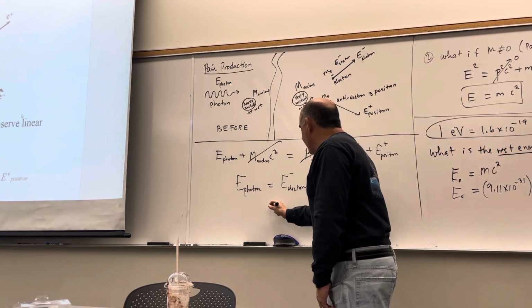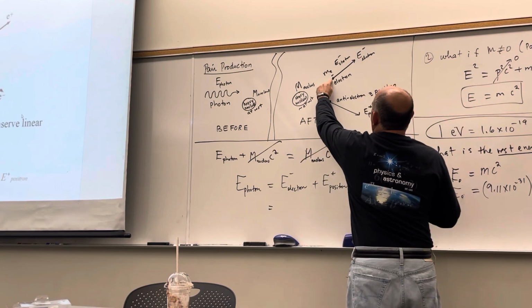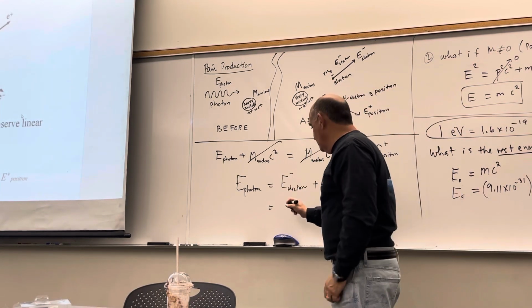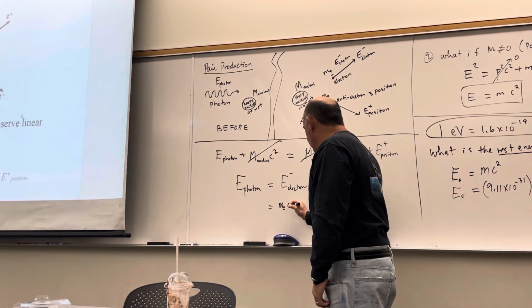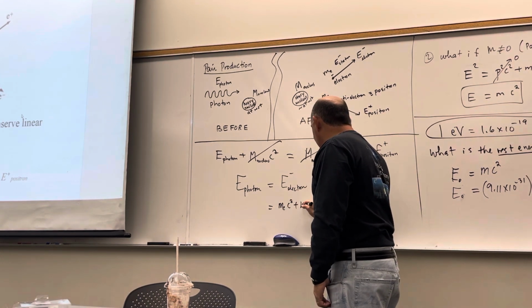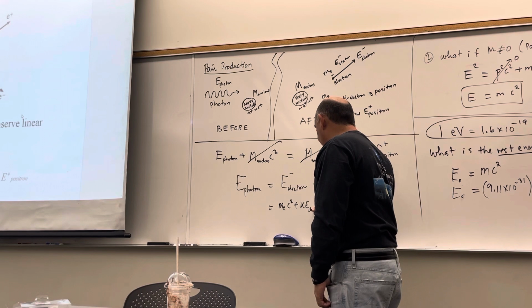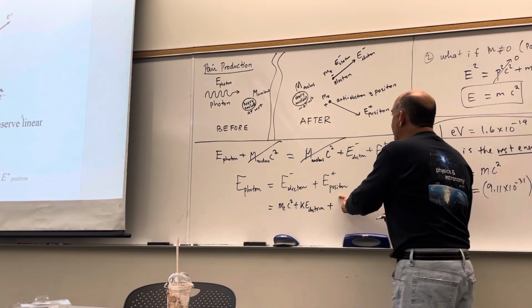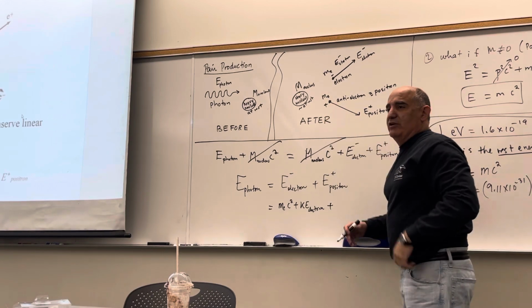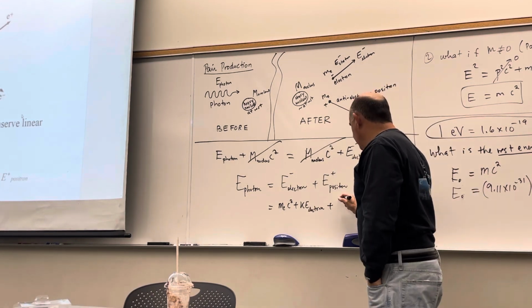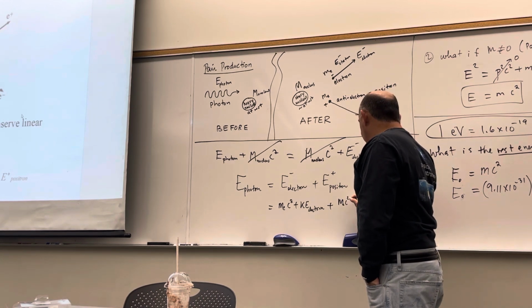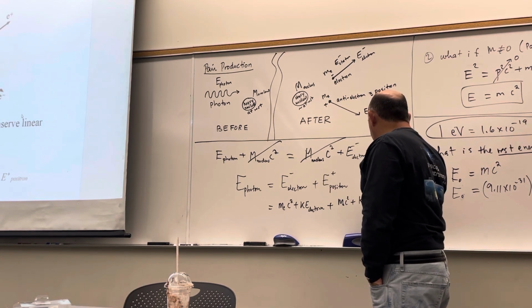Now, what is the energy of the electron? It would be the rest energy of the electron when it is at rest, plus the kinetic energy of the electron. And the energy of the positron will be the energy when it is at rest, and it has the same mass as the electron, plus the kinetic energy of the positron.